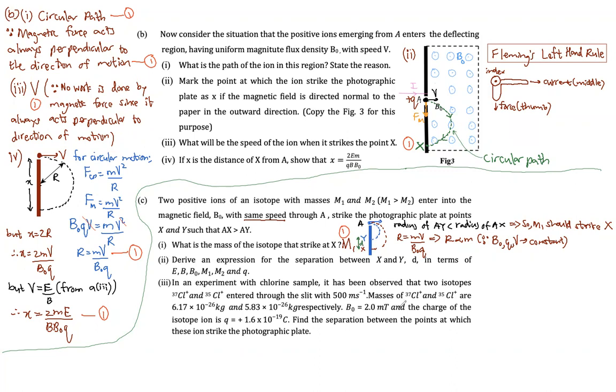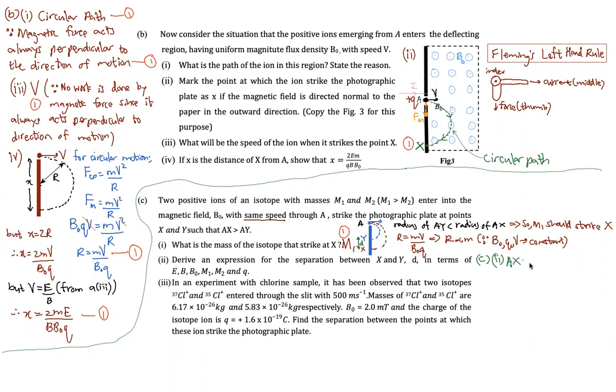So what's the plan? I think we have already derived the equation for X. X is the distance between A and X. So if I go to Roman 2, simple.